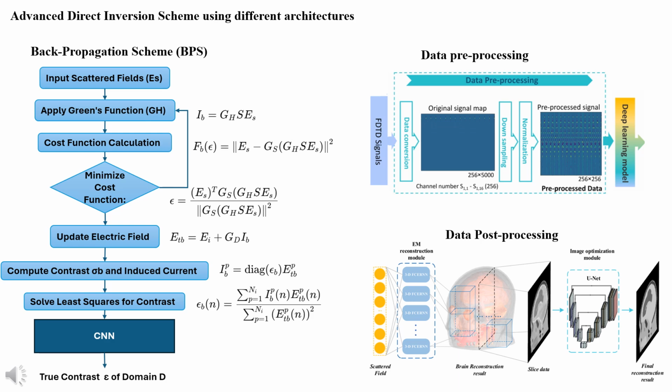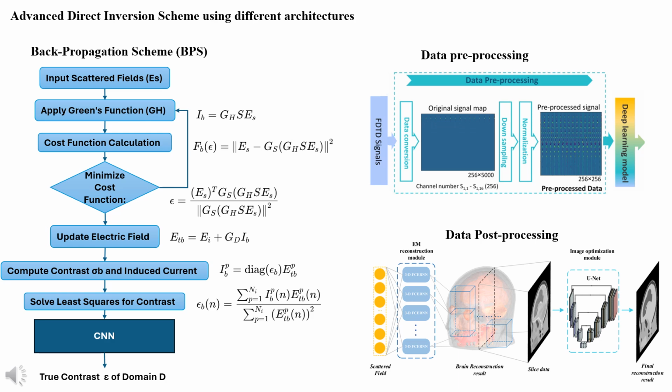It's essential to distinguish the backpropagation in BPS from the error backpropagation algorithm used in CNNs for updating weights. The backpropagation in BPS refers to the physical propagation of electromagnetic fields, whereas in CNNs, it refers to the computational process of optimizing the network.